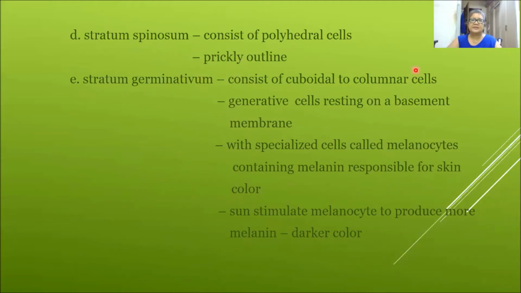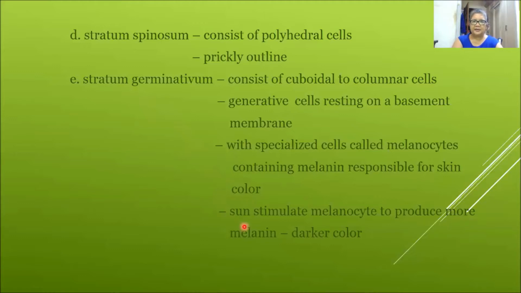This is the most active layer because cells are continuously generated or formed in this layer, and this rests on a basement membrane. The cells here will assume a cuboidal or columnar shape. And within this layer also is a specialized cell called your melanocytes. This contains melanin responsible for skin color.